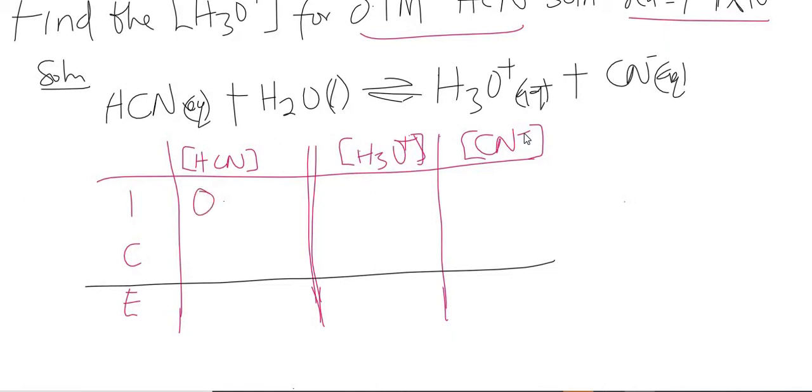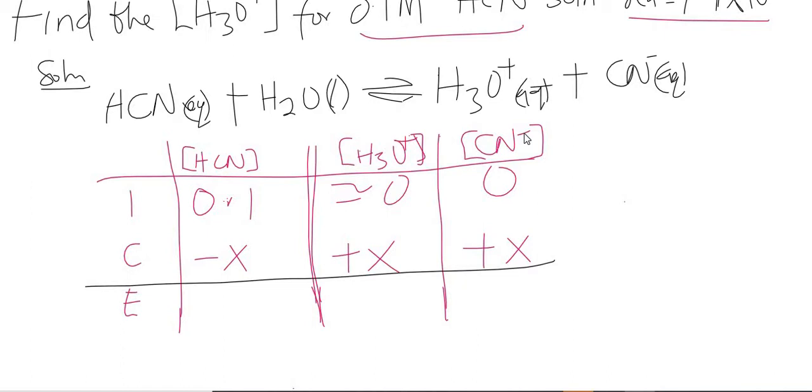For HCN, we have 0.1, and for hydrogen ion, we're approximately at 0, and this is 0. We don't know the change yet, so this is going to be negative x, and positive x.